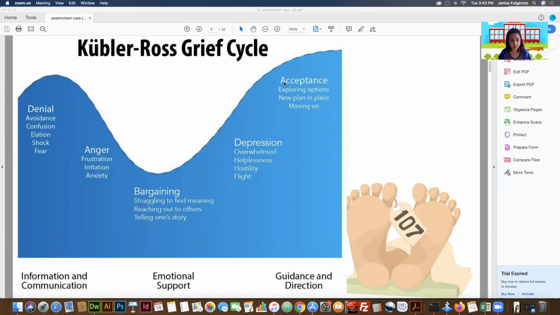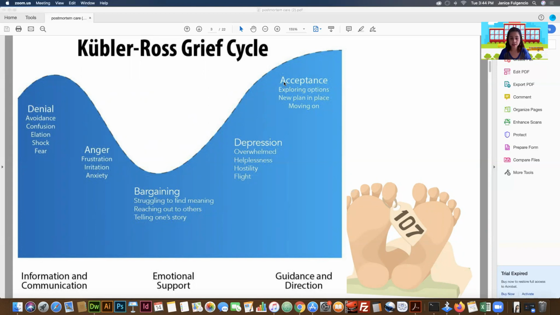Under denial, the first stage, we will see a person with avoidance of feeling, confusion, shock, or fear. Under anger, there will be frustration, irritation, and anxiety.